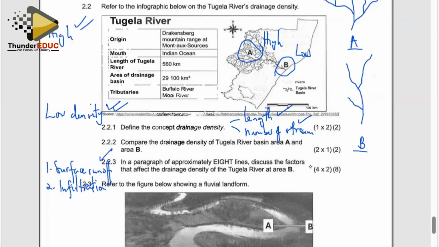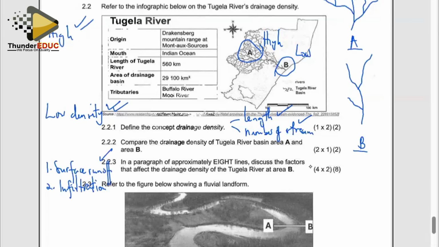Then for low drainage density it is the opposite. There is less surface runoff and there is more infiltration. What am I saying here? Low density, you are saying there are fewer numbers of streams in the drainage basin.